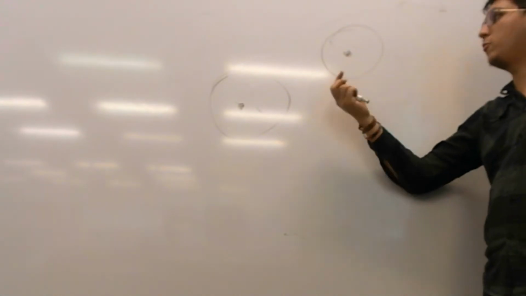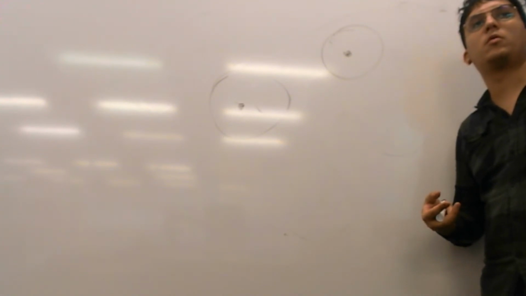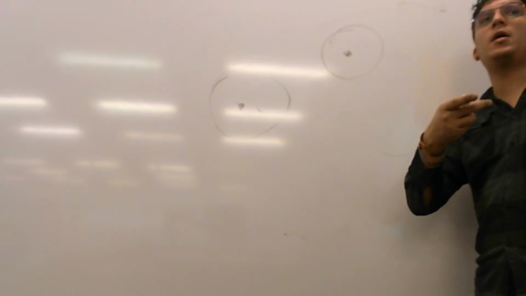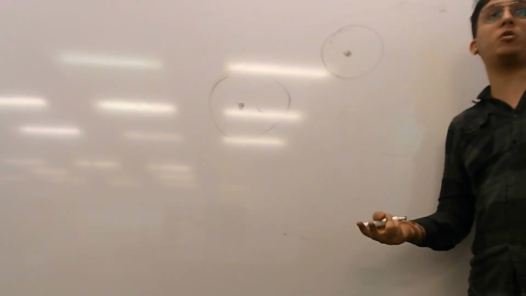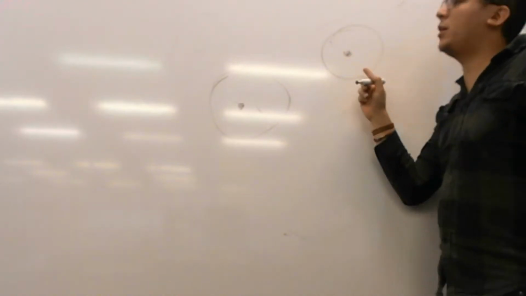So position is the first one. What does this thing have? What is a property of the circle? Radius. So radius could be how big the circle is, the size of this thing. And also, what's another thing, that this is a circle and not a square?